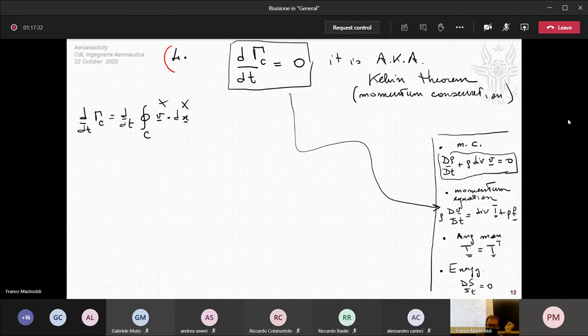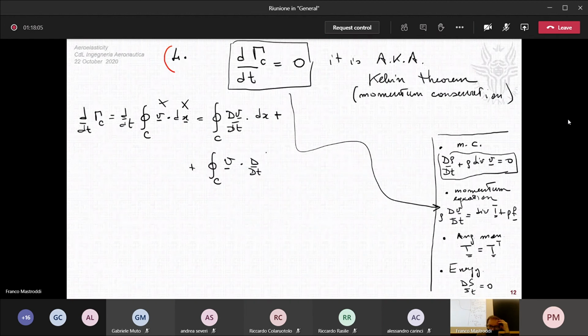Therefore, this derivative is equal to the integral of the derivative of v with respect to the time, this is a total derivative, and so it's a substantial derivative for the particle, dot dx, plus, from the derivative of a product, the circulation of v dot the derivative with respect to the time of the x vector.